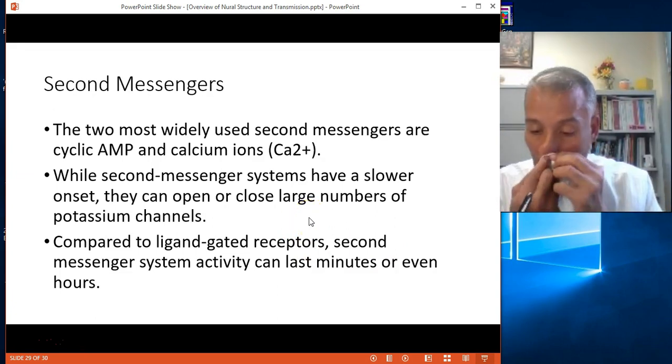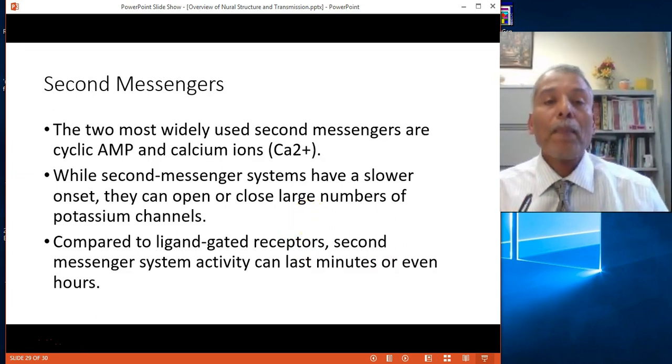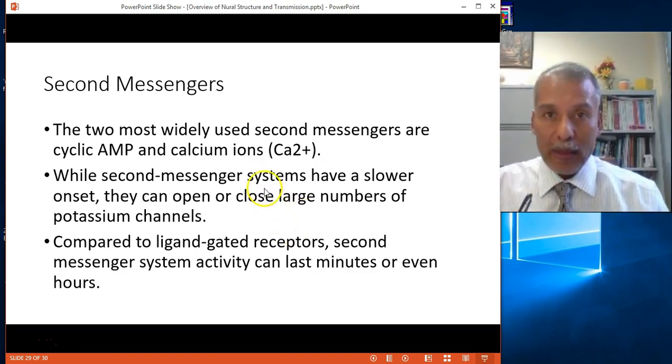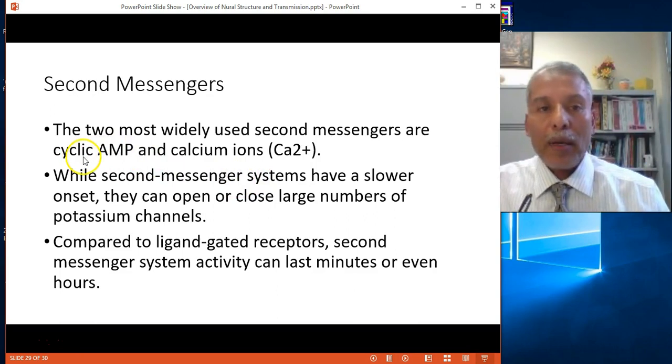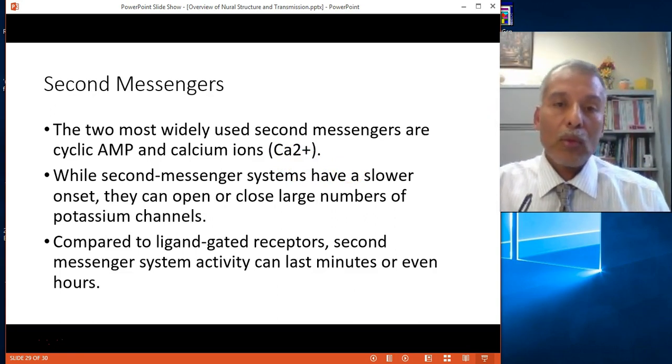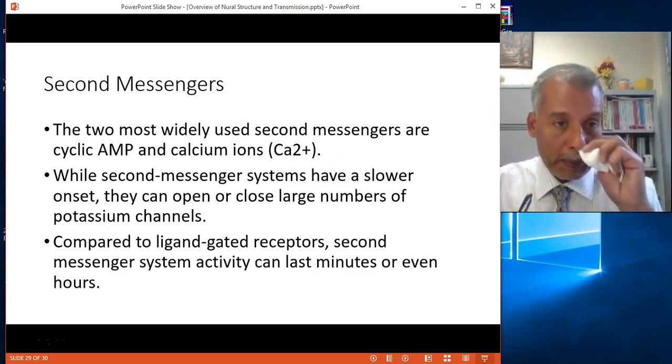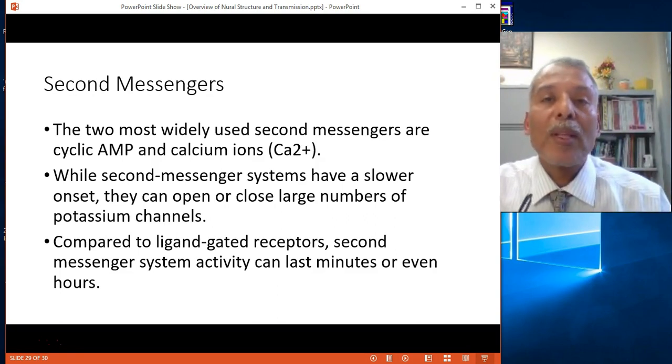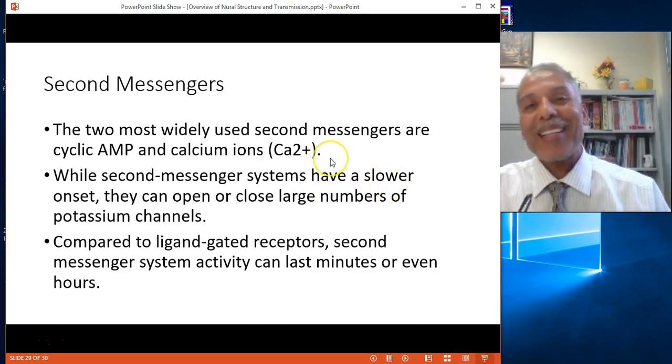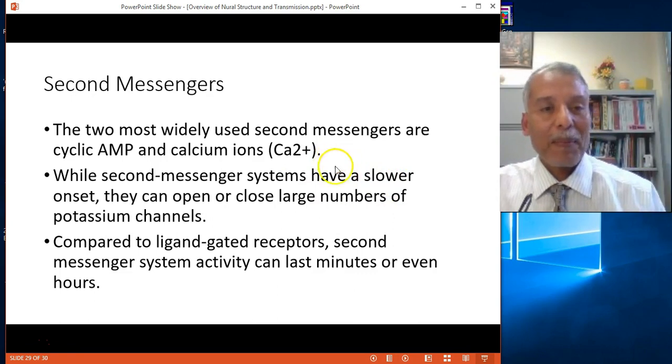The two most common second messengers in the nervous system and the body generally are a chemical called cyclic AMP and the calcium ions, which is calcium that has missing two electrons. I'll explain that in the second segment.